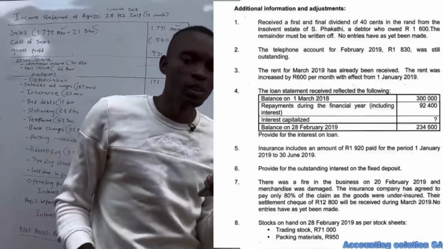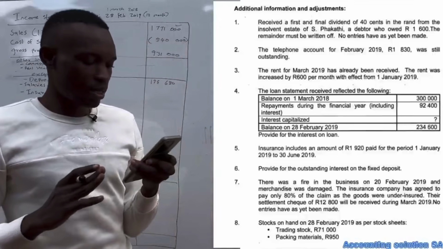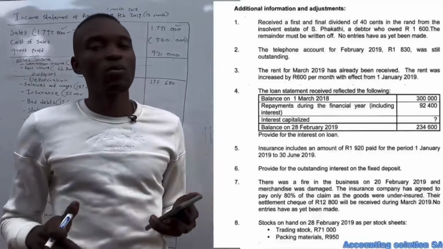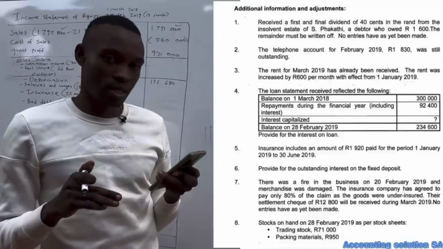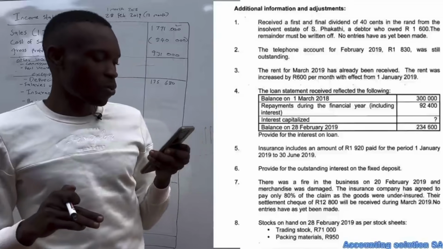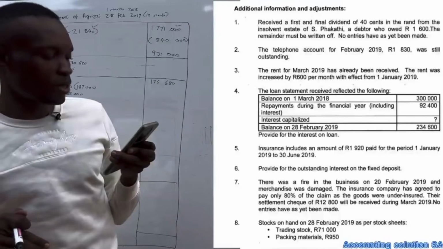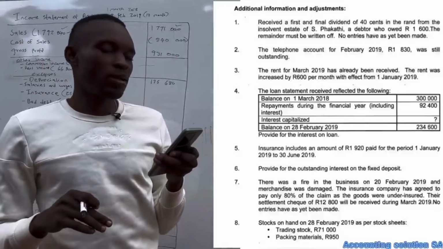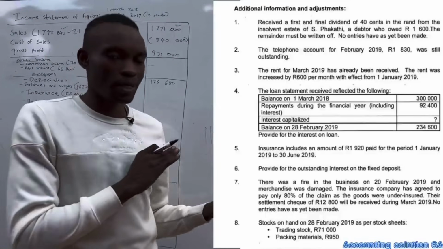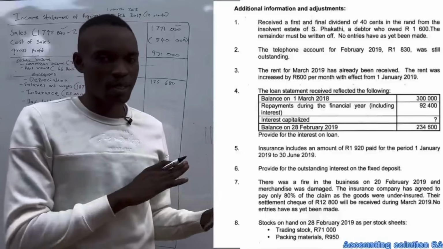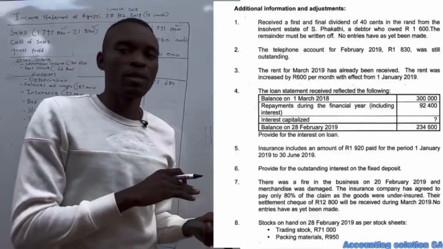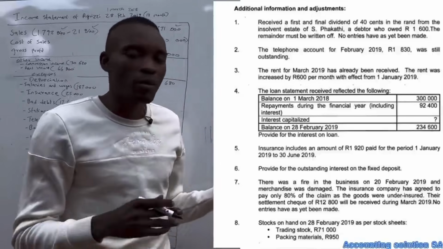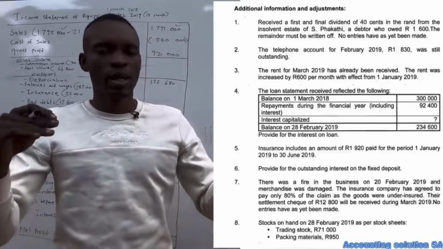Right? In other words, in this case, guys, they want us to write off a bad debt. This person was owing us 1,600, and from that 1,600, they say that he managed to pay only 40%. 40 cents is the same as 40% in calculation, which means that the 60% he failed to pay must be written off as a bad debt.